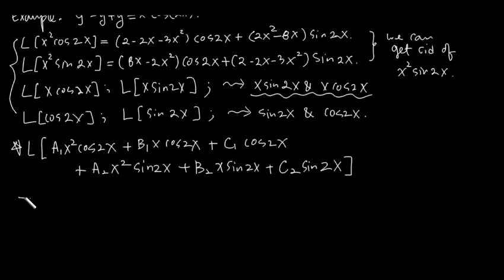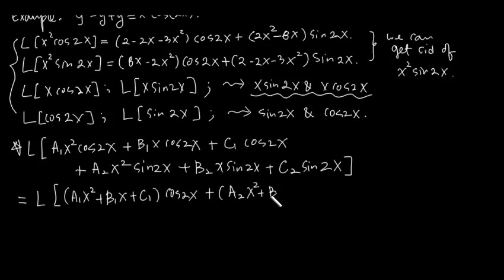But also, because all these cosine 2x are common, you can represent it in the following way. If you factor out the cosine 2x, a1 x squared plus b1 x plus c1 times cosine 2x, that's this part, and a2 x squared plus b2 x plus c2 after you factor out all the sine 2x.